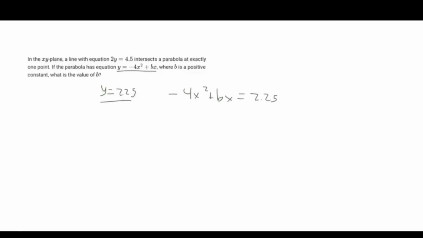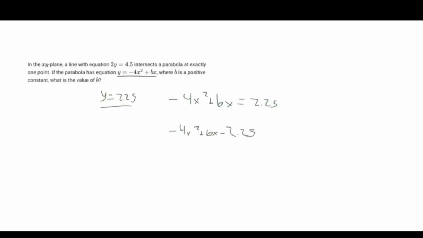You'll find we'll get a quadratic, which has the actual c value. So this becomes, let's write this out, negative 4x squared plus bx minus 2.25.